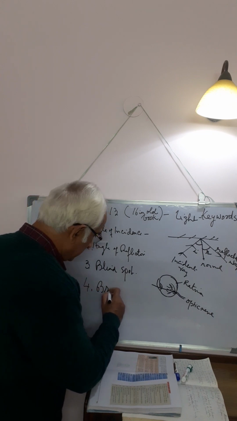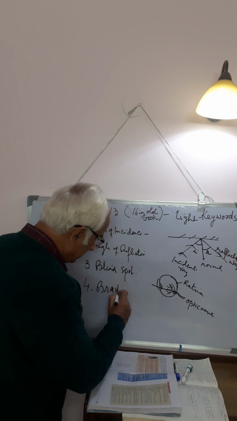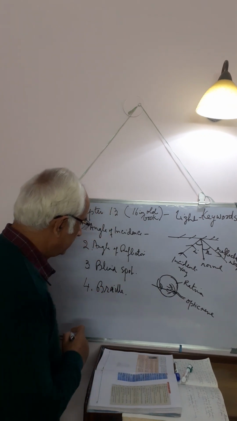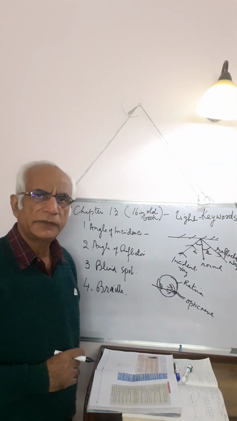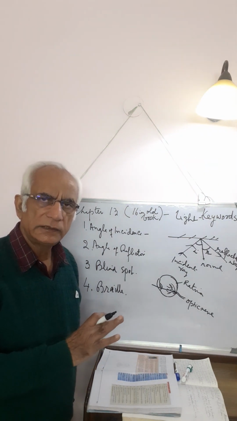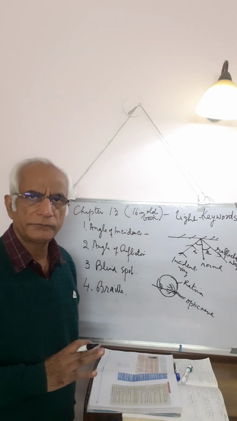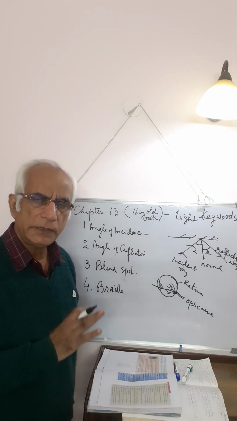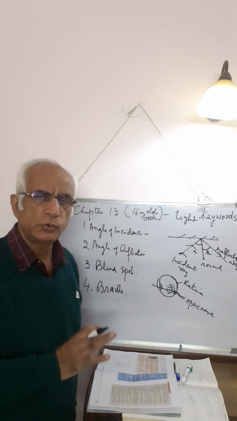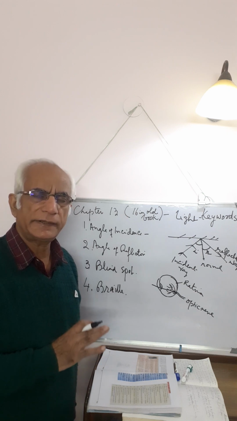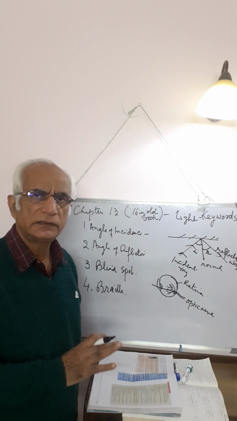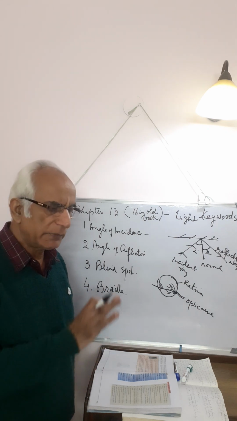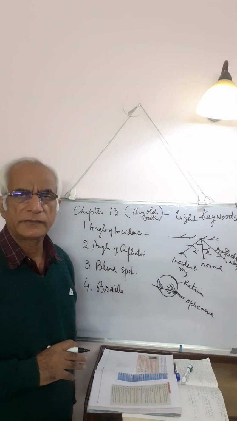Braille. This is a system of making patterns with dots. The people who are visually impaired, who cannot see, their eyes are damaged, they can read the words or understand the words by touching those dots.